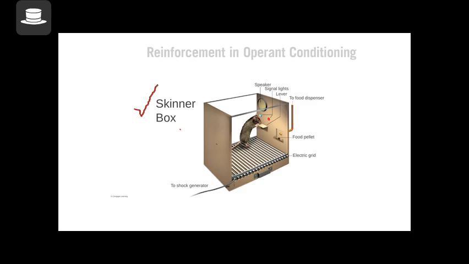A Skinner box is a small enclosure in which an animal can be reinforced, say with a food pellet, for making a particular response, such as pressing the lever. And the rate of response is systematically recorded.